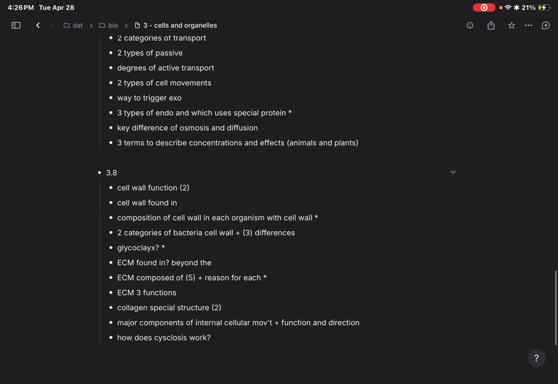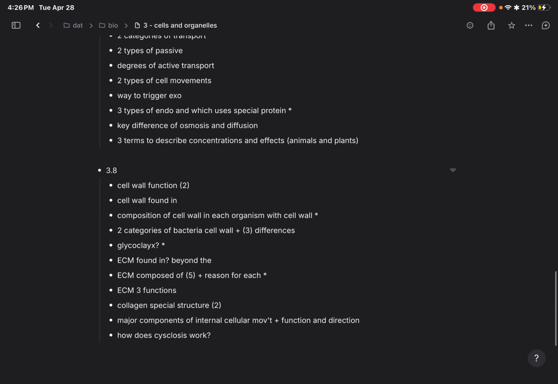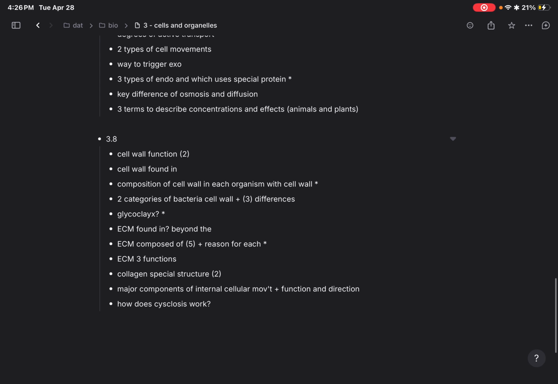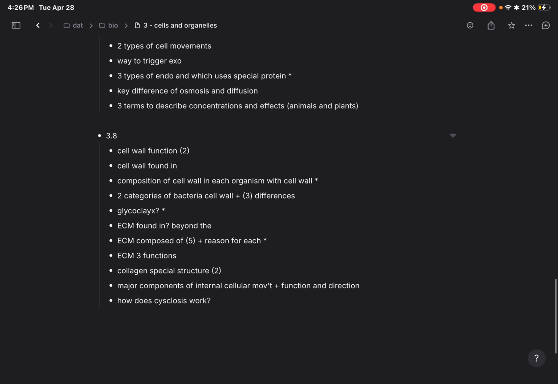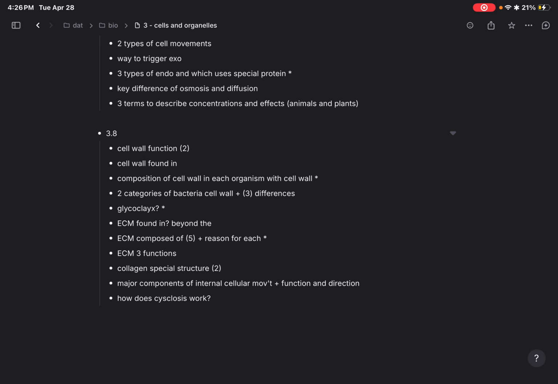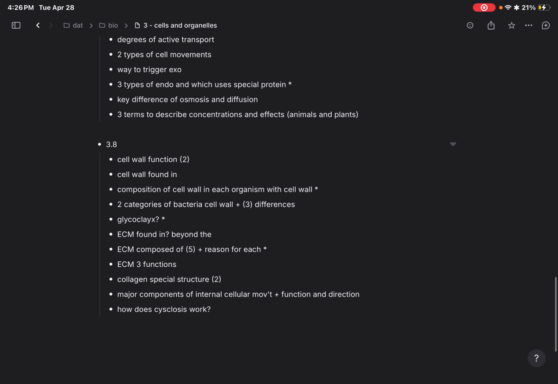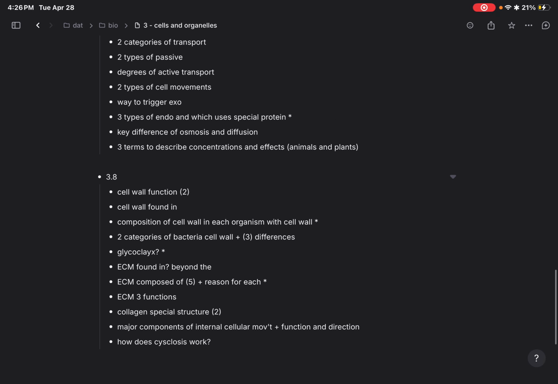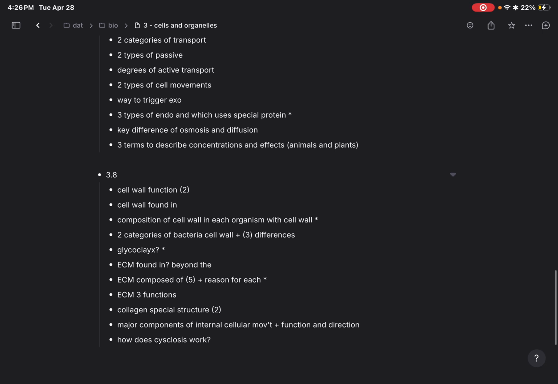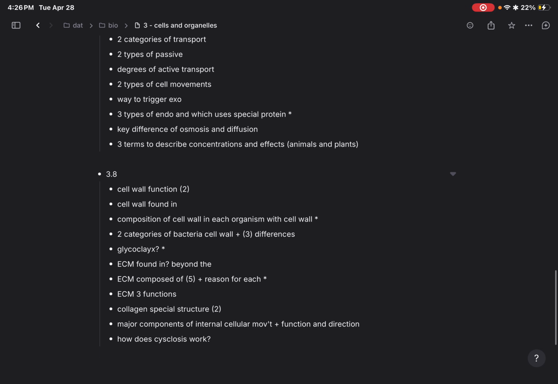Two types of cell movements, endocytosis and exocytosis, with calcium as a way to trigger exocytosis. Three types of endocytosis, which use a special protein called clathrin. The three types are pinocytosis, receptor-mediated endocytosis, and phagocytosis.